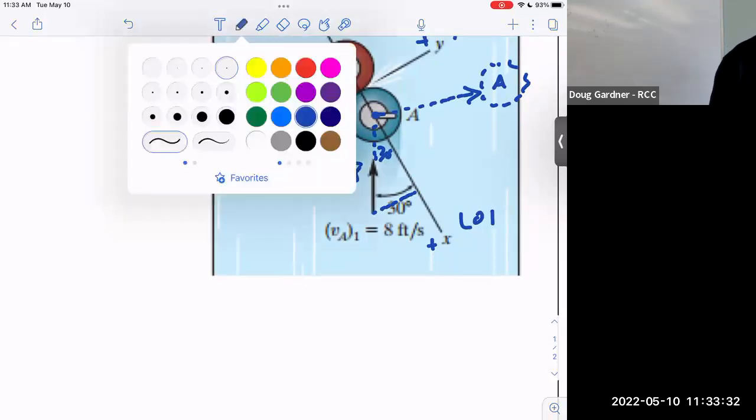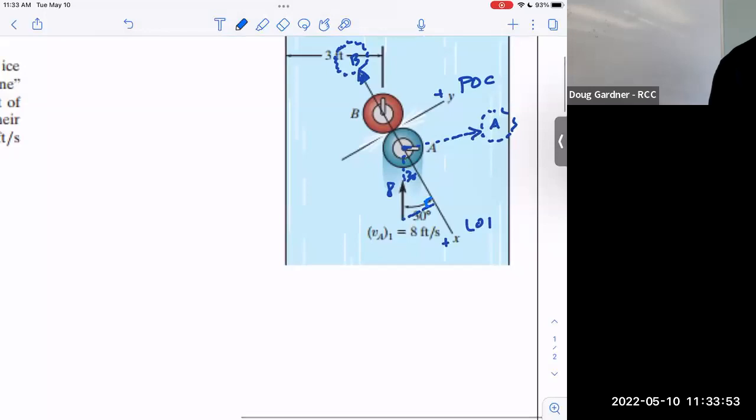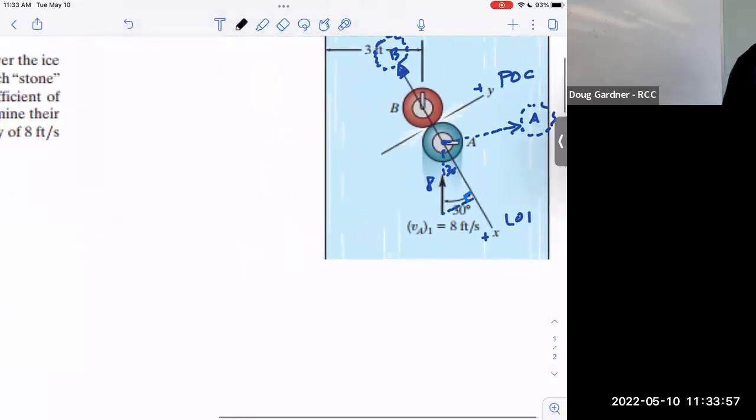Notice, and I don't think this is obvious, I didn't draw the right triangle this way, where that was 90 degrees, because then the 8 would not have been the largest of the vector velocities there. 8's got to be the largest. So I drew the right triangle in this way. So let's just figure this out. I don't even know if I need to know this, but it seems like something I should figure out.